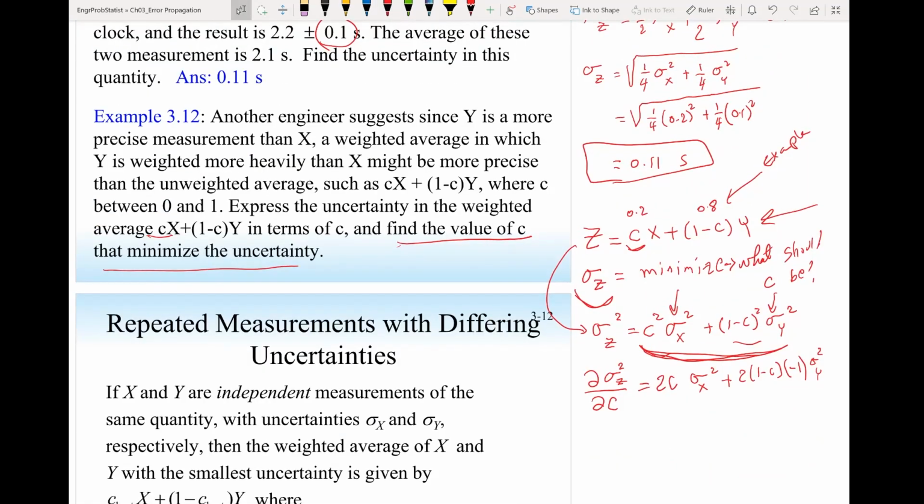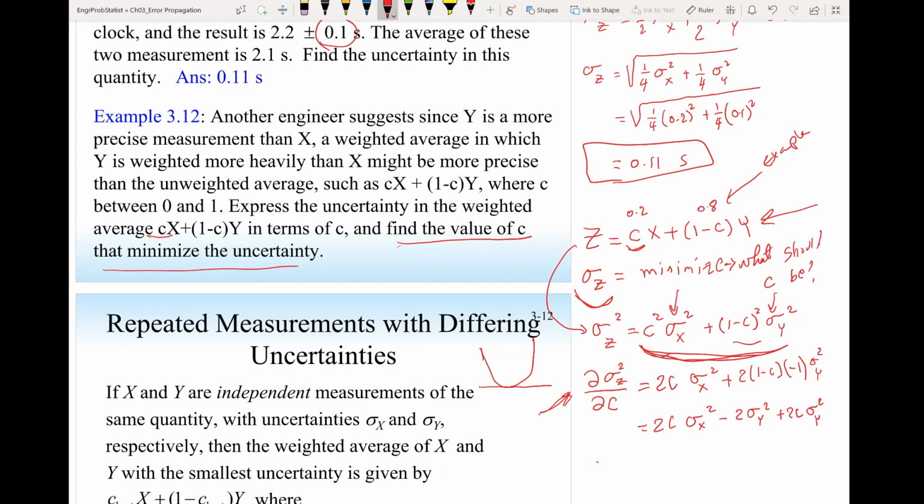So this is 2C sigma X squared minus 2 sigma Y squared plus 2C sigma Y squared. Now to find the value of C that will minimize this quantity, I set this derivative to 0, because if I plot this, the minimum will be where the slope is 0.